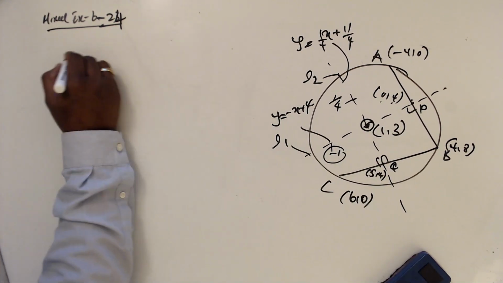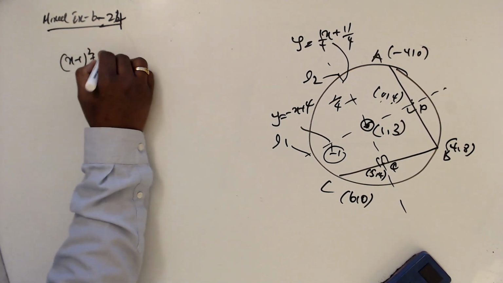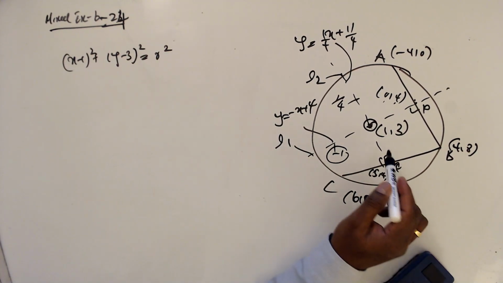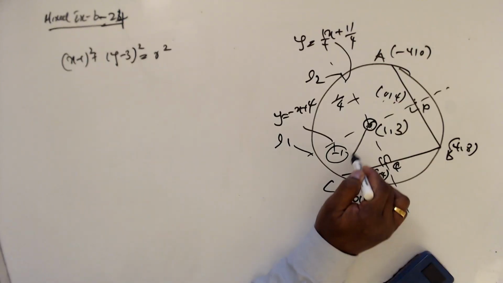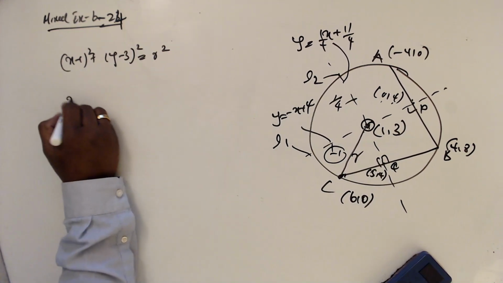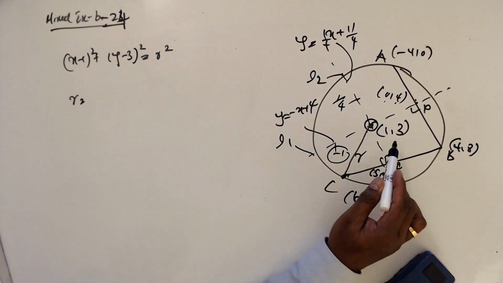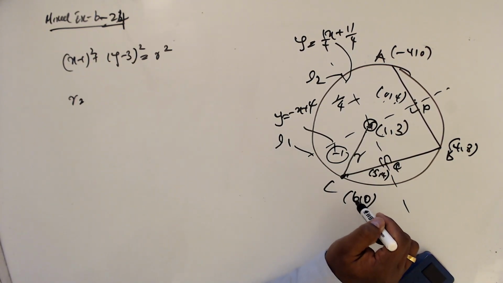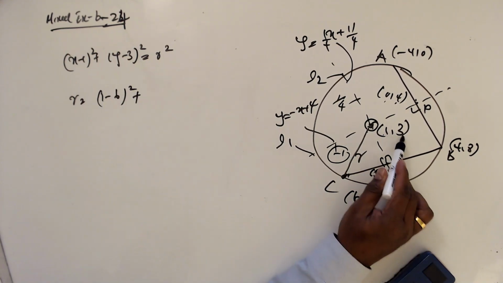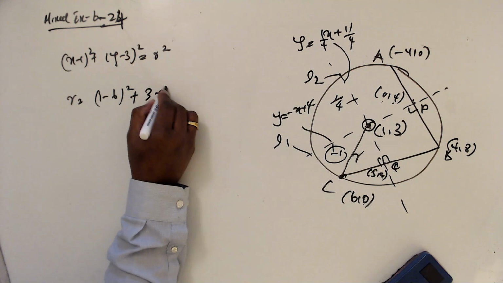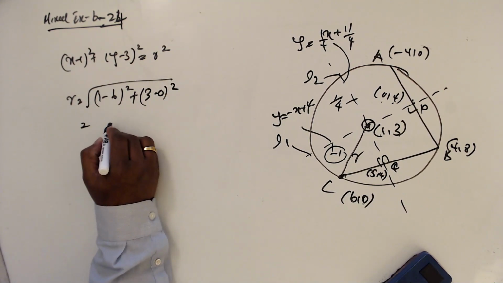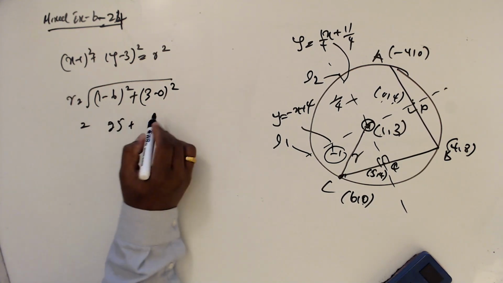Now the equation is (x minus 1) squared plus (y minus 3) squared equals r squared. Now we want to find the radius. I'll consider those two points. r equals the square root of (x1 minus x2) squared plus (y1 minus y2) squared, which is (1 minus 6) squared plus (3 minus 0) squared, which is minus 5 squared, 25, and 9.